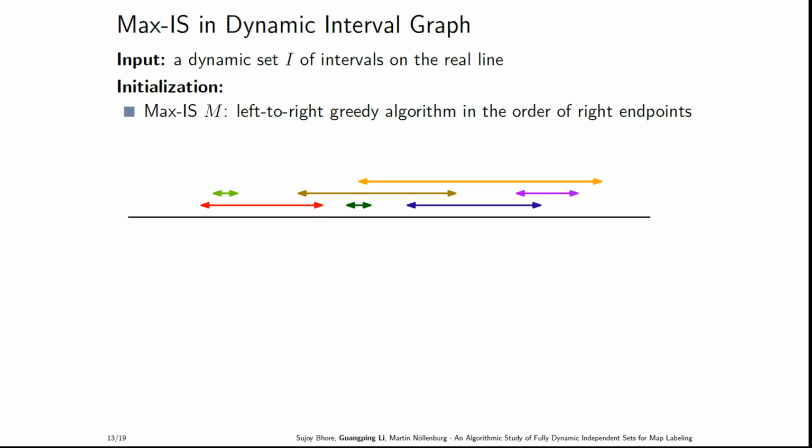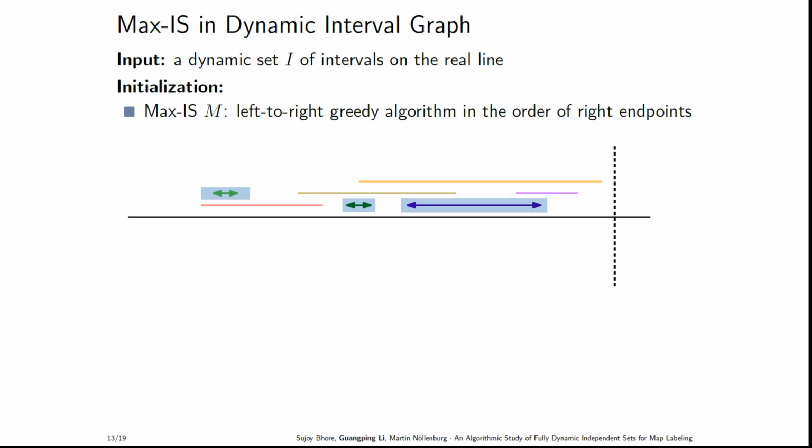A maximum independent set of an interval graph can be found by a linear greedy approach, which sweeps the intervals from left to right, and in each step chooses the interval with the leftmost right endpoint and discards its overlapping intervals. So it's also called earliest deadline first in the scheduling literature.